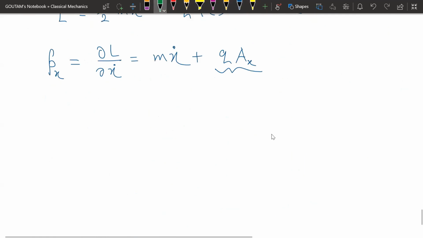Let's define another thing, which we call the cyclic coordinate.